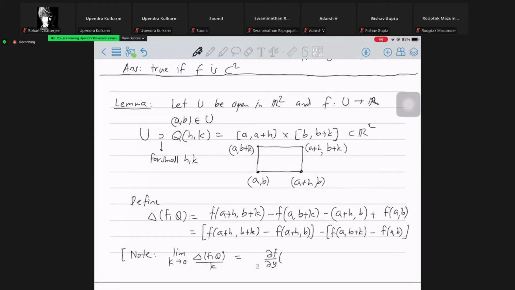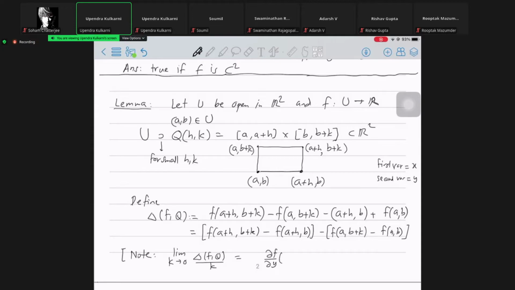Which ones are you calling X and Y? X is the first variable and Y is the second variable. So it's in the second slot that I'm allowing this variation, right? That K is approaching 0.